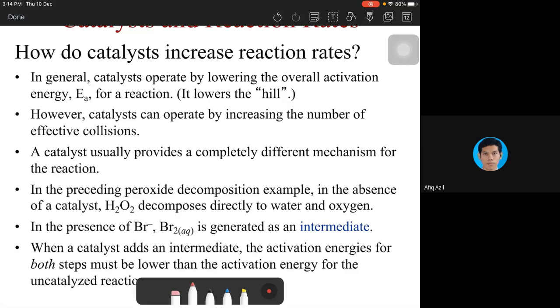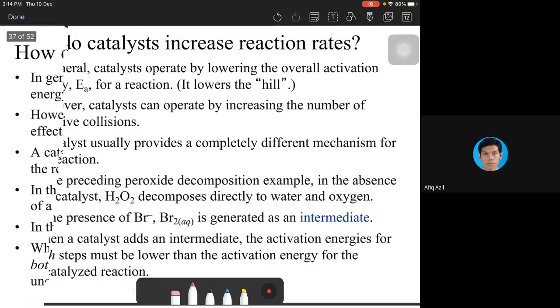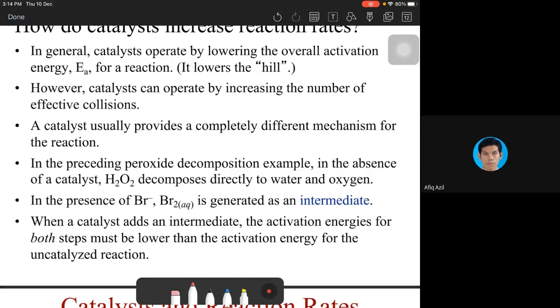If you look at the example earlier, the way the product is formed is totally different than if you do not add the bromide ion. In the preceding peroxide decomposition example, in the absence of a catalyst, the hydrogen peroxide decomposes directly to become water and oxygen, without forming any other intermediate.